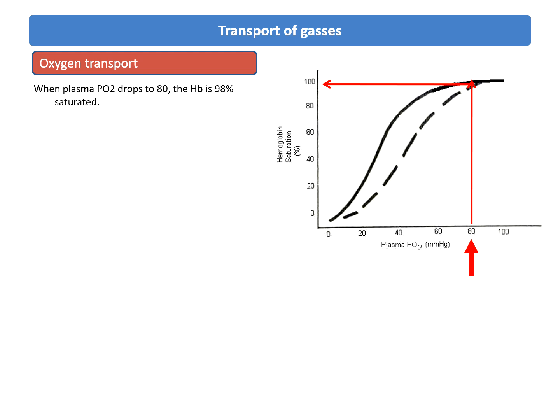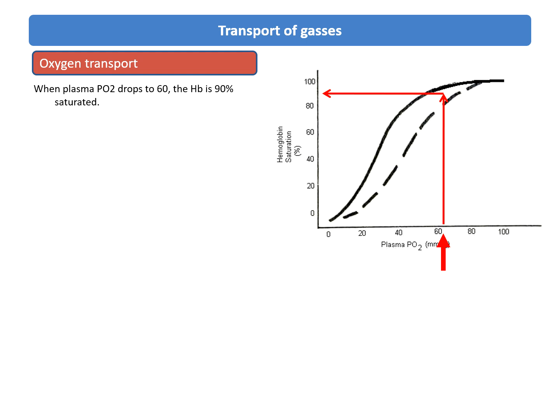When the plasma PO2 drops to 80, the hemoglobin is still 98% saturated. It has released 2% of its oxygen. As the PO2 drops to 70, the hemoglobin now is 95% saturated. It has released 5% of its oxygen.